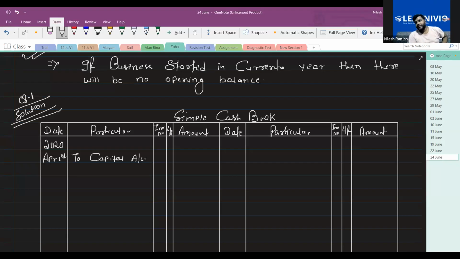Otherwise, in subsidiary books, you have to remember a different concept: all the receipts will be on the debit side, all the payments on the credit side. If you remember this, there is no need for a journal entry.